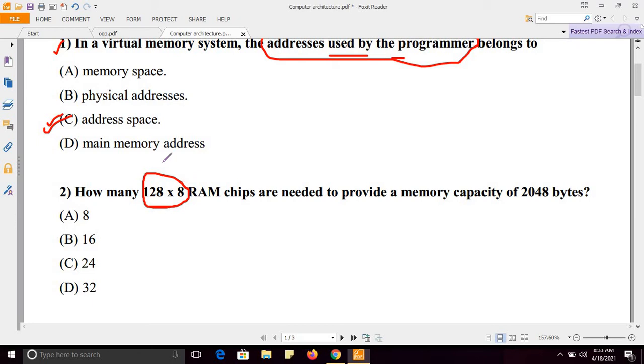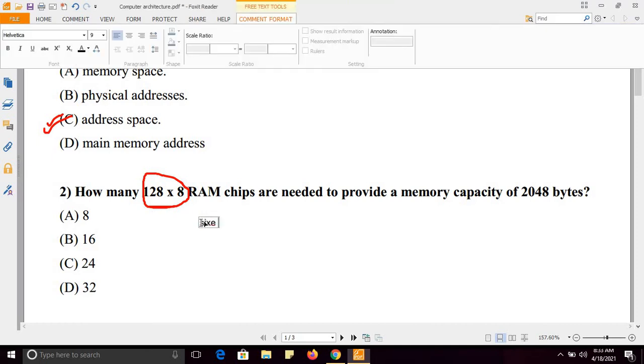So size of one RAM chip is 128 by 8 bits, means 128 bytes, because 1 byte is equal to 8 bits.